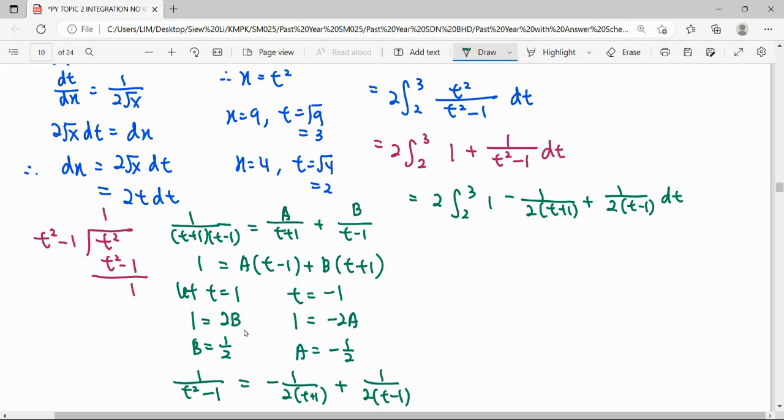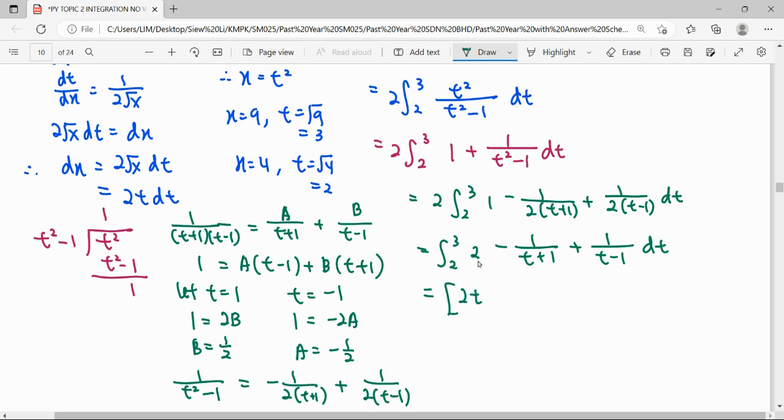Then from here we can simplify one more step, where this value of 2, I can expand back in order to simplify this 1 over 2. When I expand back, we integrate 2 minus 1 over t plus 1. So this will give us an easier form. Every term in this function is ready to integrate.